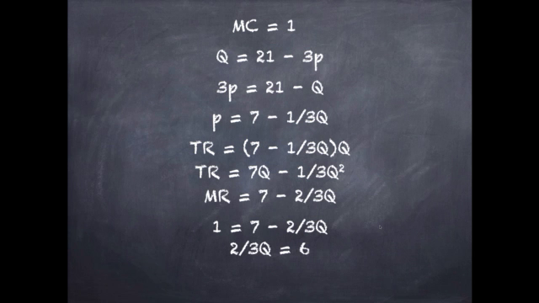So I have 2/3 Q is equal to 6. And if I multiply both sides by 3/2, I end up with Q equal to 9. And then if I take Q and place it back into the inverse demand function, I will get 21 minus 9 is equal to 12. I divide by 3 on both sides, and I get P is equal to 4.